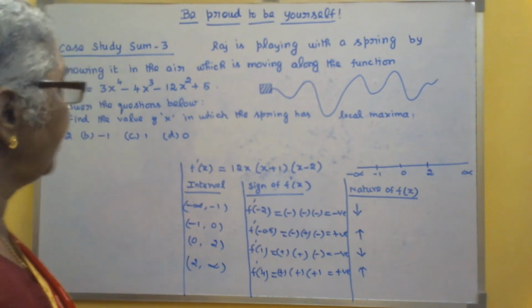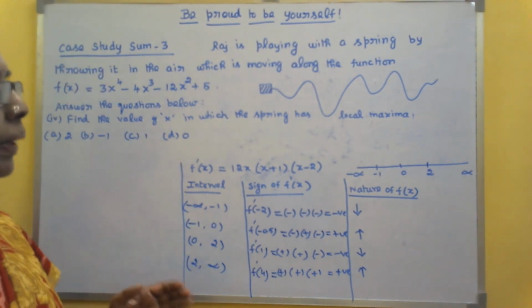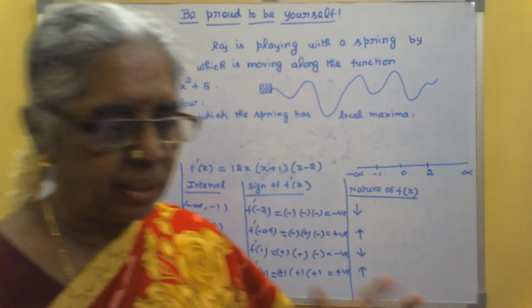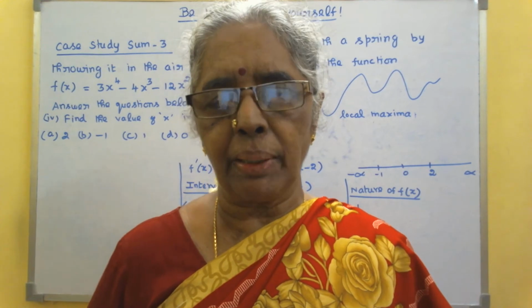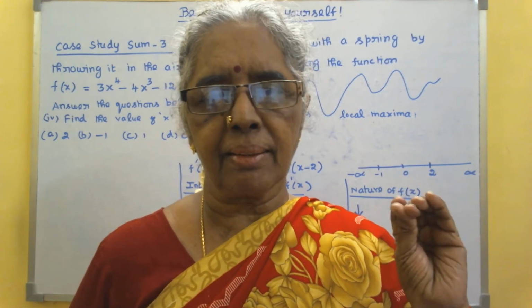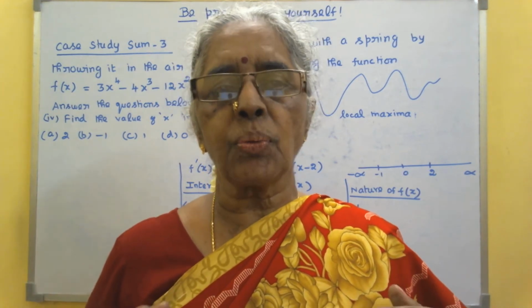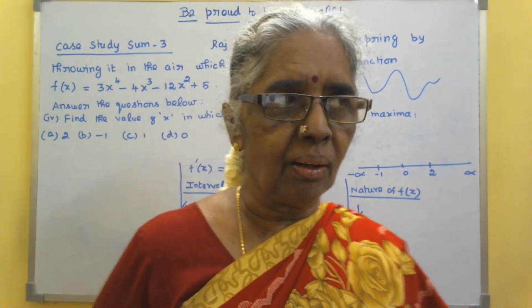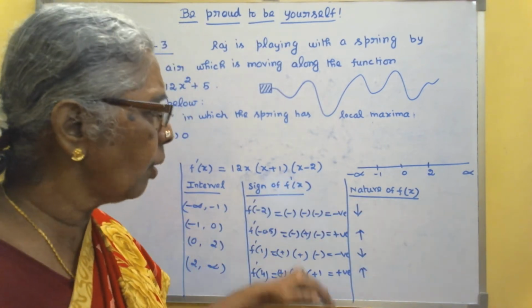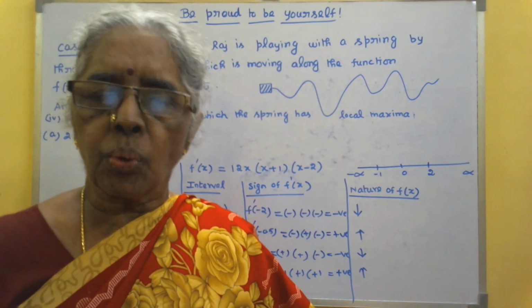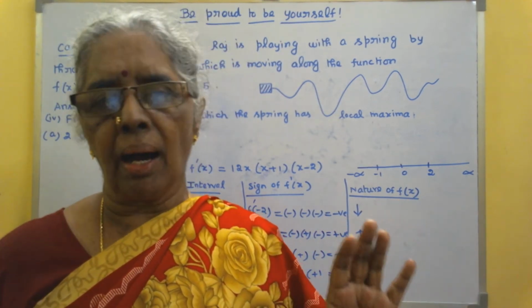Let us see the next subdivision, fourth one. Find the value of x in which the spring has local maxima. Now here, to find the local maxima or local minima, I have taught you 3 methods. That is without using derivative, using the first derivative test and using the second derivative test. But here we have already found the increasing decreasing, so we have got all the first derivatives and the nature. So use the first derivative test to find either the maxima or the minima.